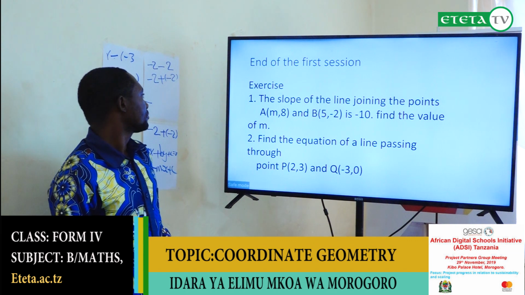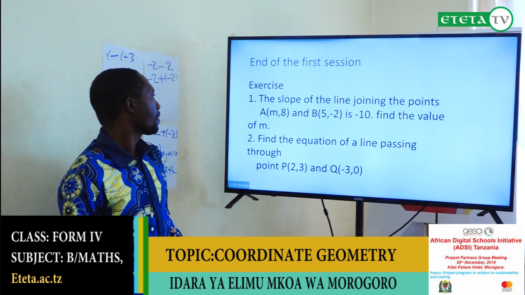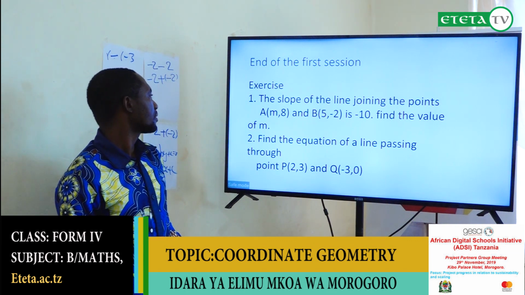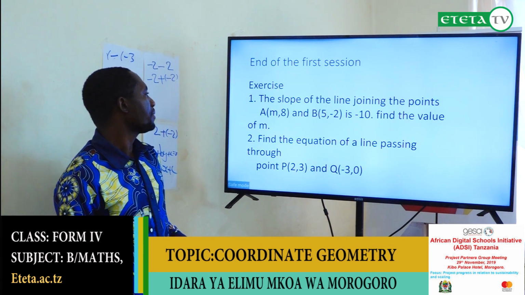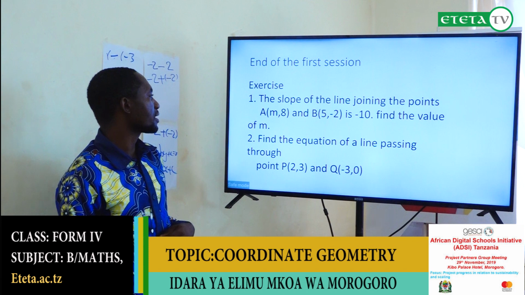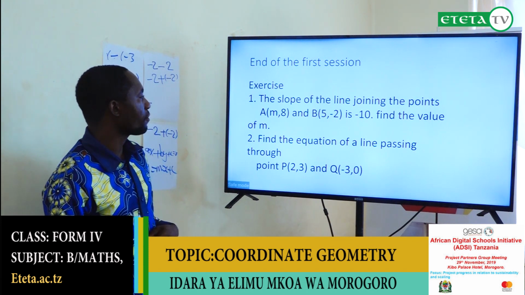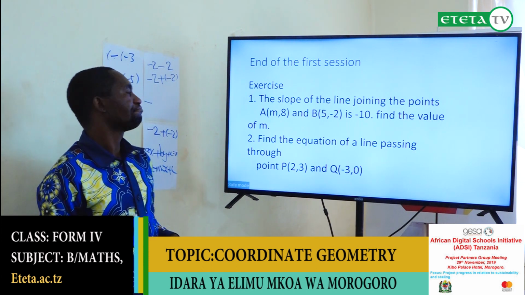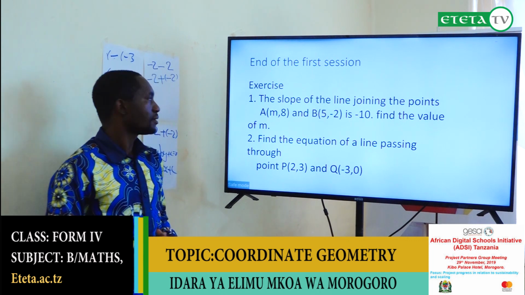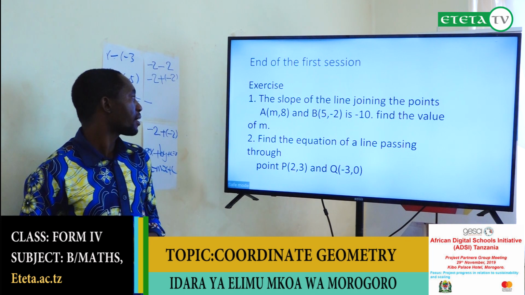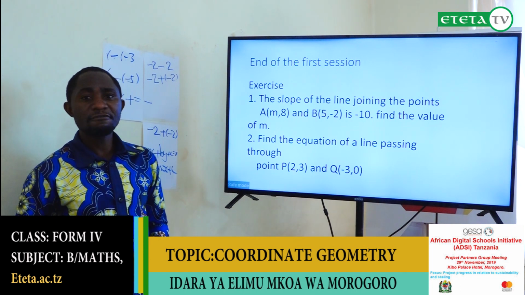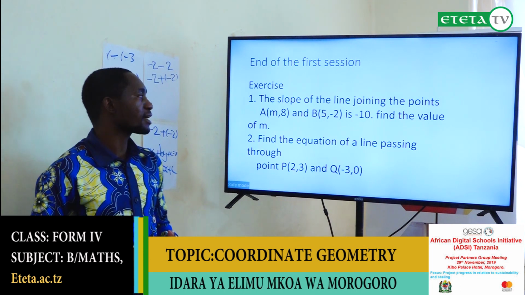The first question: the slope of the line joining the points A(m, 8) and B(5, -2) is -10.